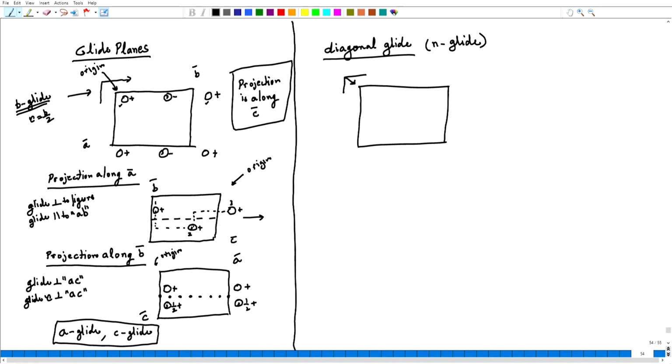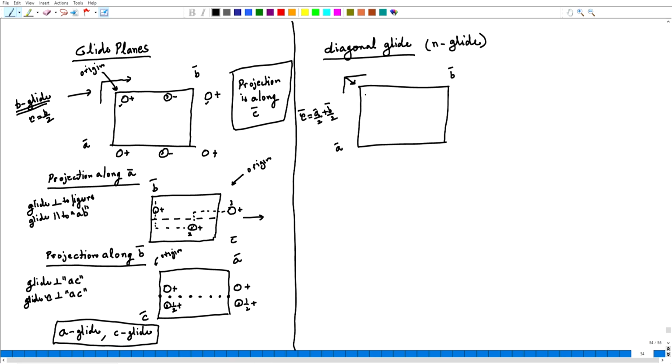So, in this case, the glide translation is along the diagonal of this AB plane. Hence, tau, the glide translation, would be A by 2 plus B by 2, and the glide plane itself is the AB plane.